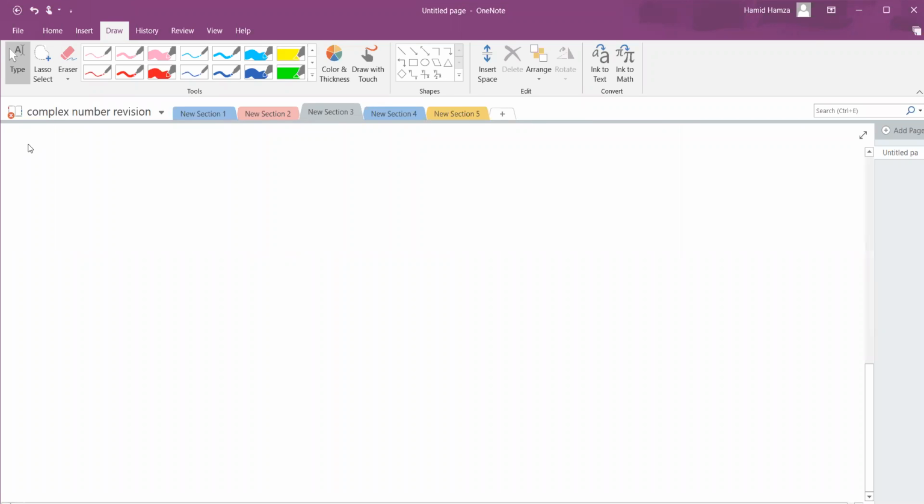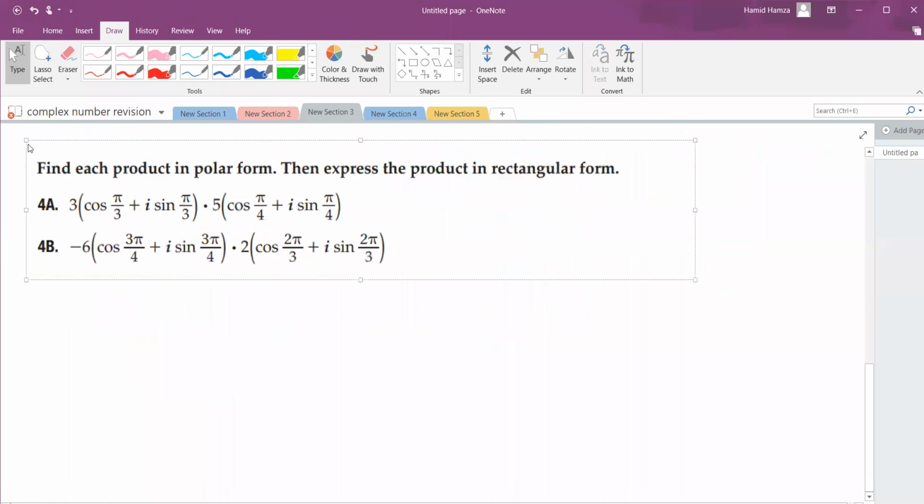Same question, but instead of multiply, I change it to divide.